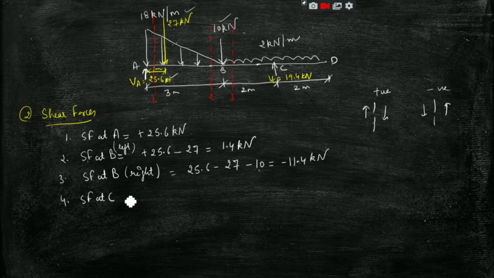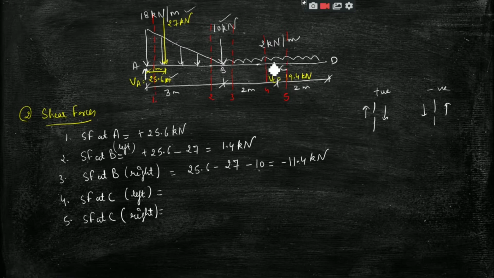Similarly, I will take the shear force at left of C and the shear force at right of C. So left of C is section 4, right of C is section 5.